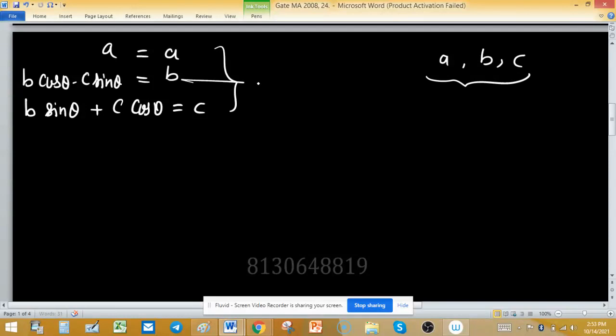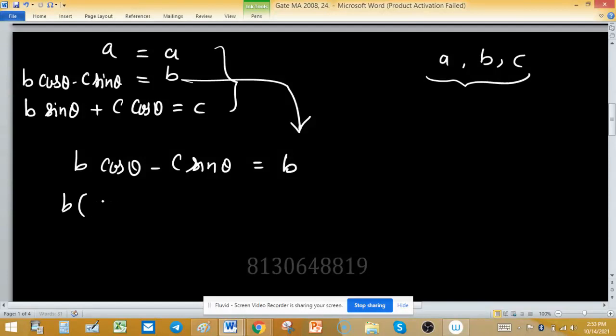So using the second equation, B cos theta minus C sin theta is equal to B. To find the value of B, we need to transpose. So B taken as common: B (cos theta minus 1) is equal to C sin theta.